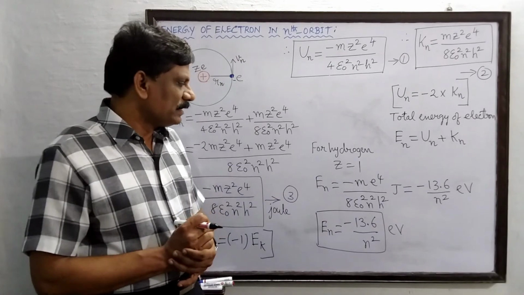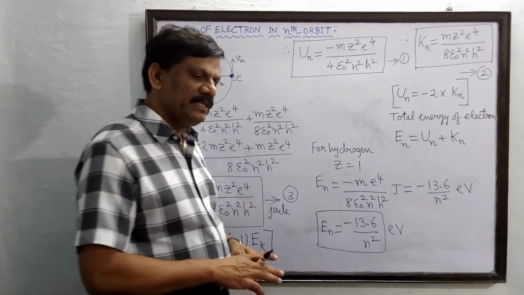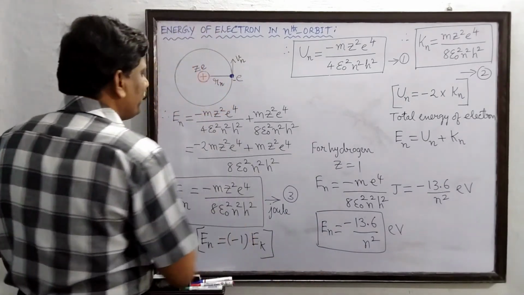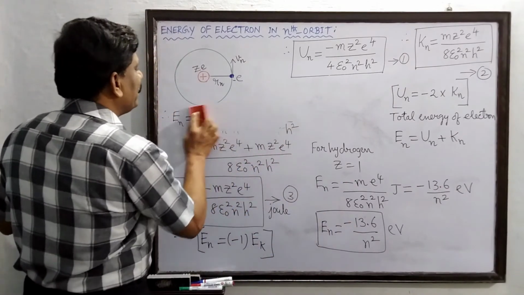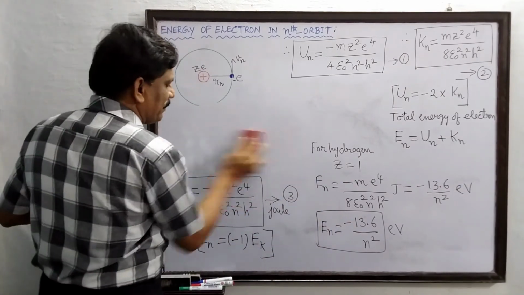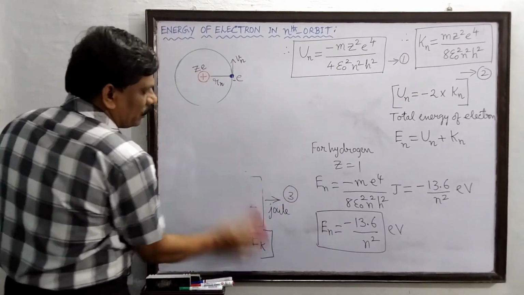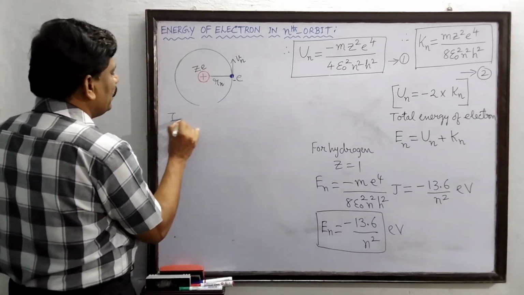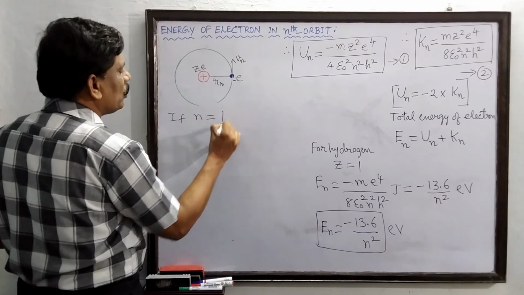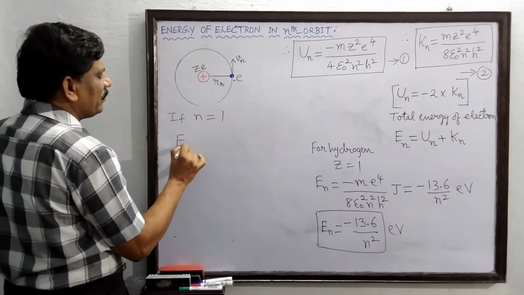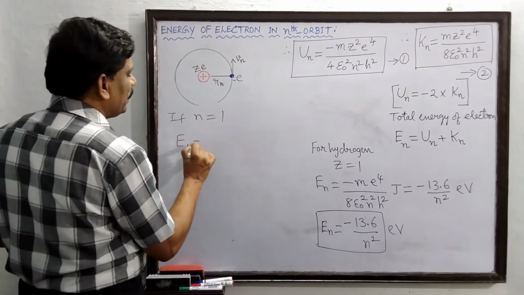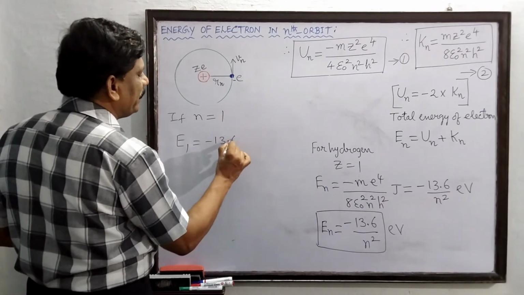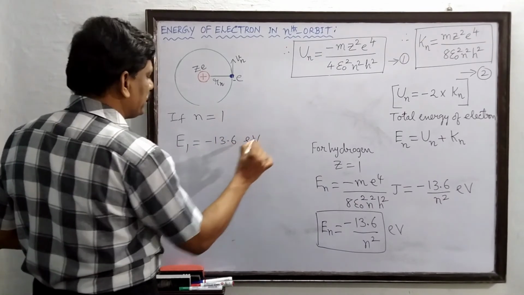Suppose you take n is equal to 1 in this equation. That is the first orbit. If the principal quantum number n is equal to 1, then we get the energy of the electron in the first orbit, which is equal to minus 13.6 electron volt.